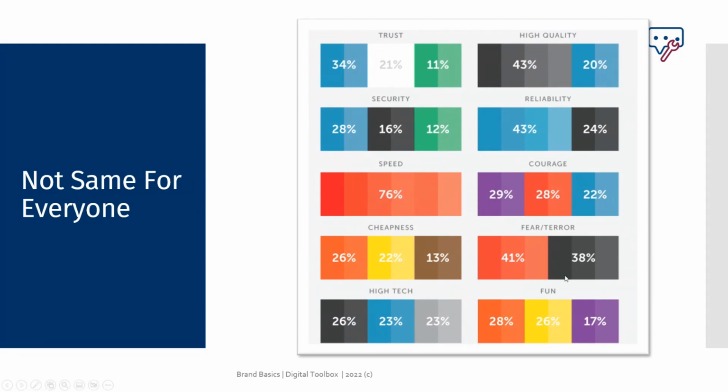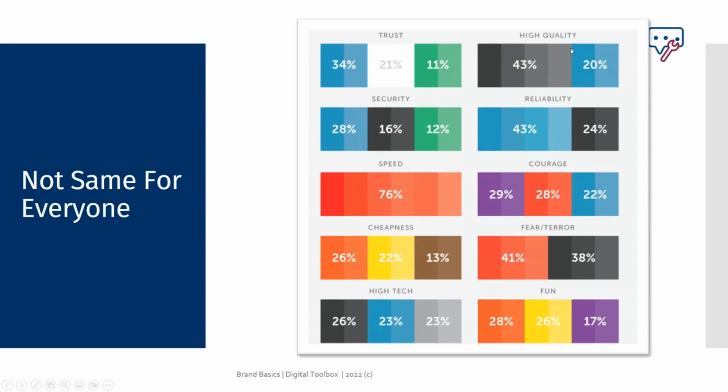Here you see almost across the board, everyone sees red associated with speed. But red can be frightening. Orange can often be associated either with fun or cheapness. Blue: trust, security, reliability, quality, and high tech.